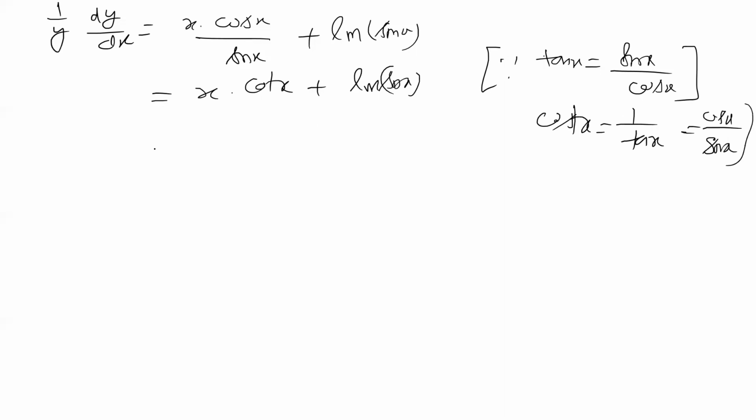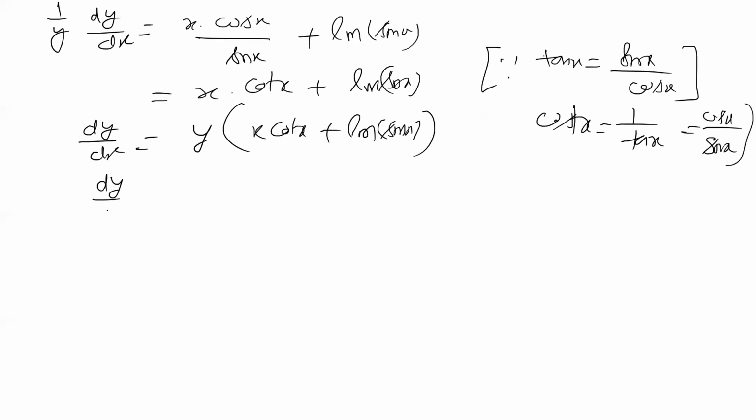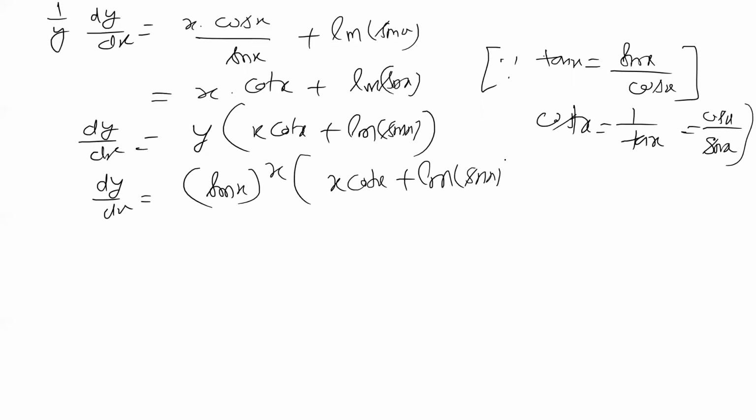Okay, so then dy by dx will be y into cot x plus ln sin x. Then put the value of y in terms of x. What is the value? Sin x power x into cot x plus ln sin x. This is my final answer.